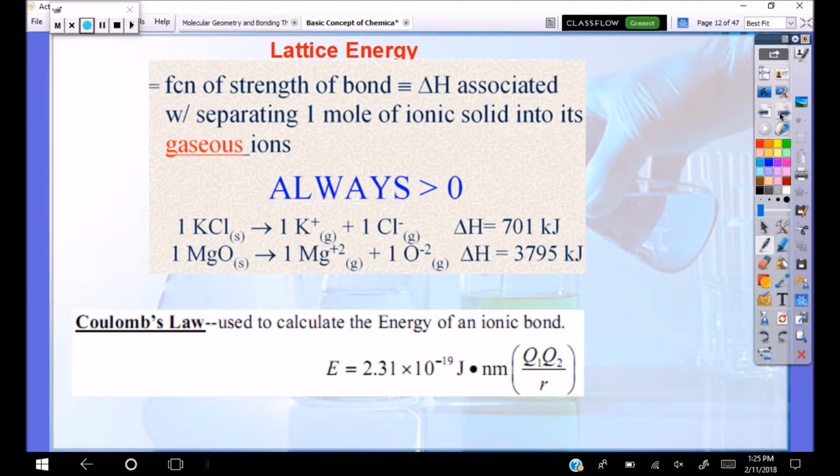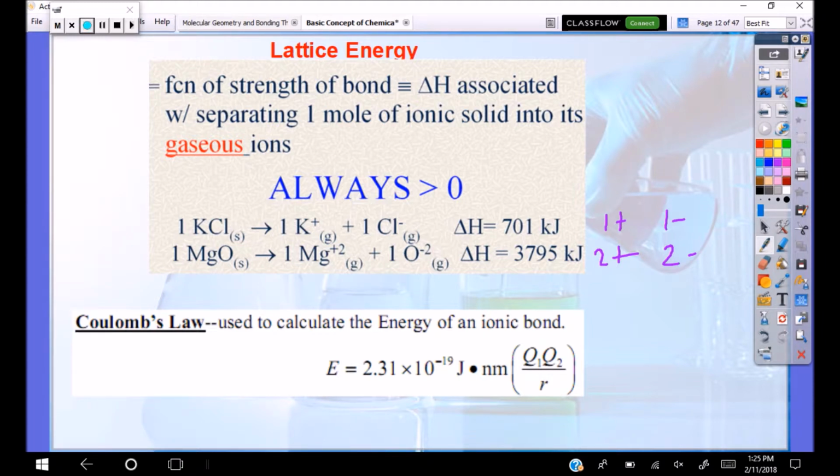You'll notice that here we've got a 1 plus and a 1 minus charge, and it's only about 701 kilojoules. But then when we look at magnesium oxide, 2 plus and 2 minus, it's almost 4 times that. Actually, probably 5 times that in terms of energy.